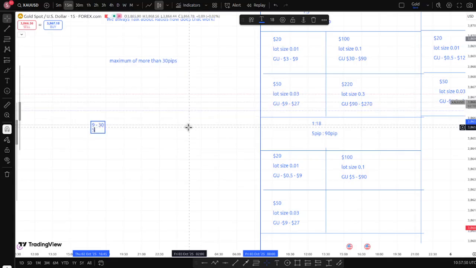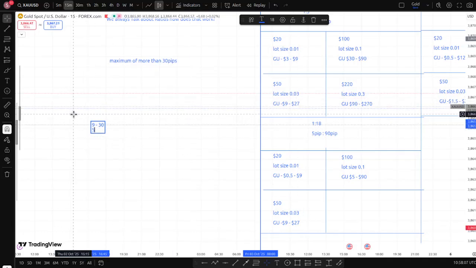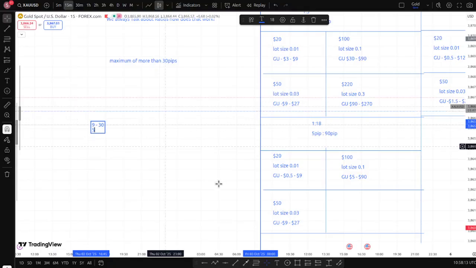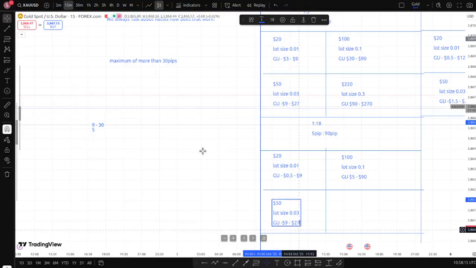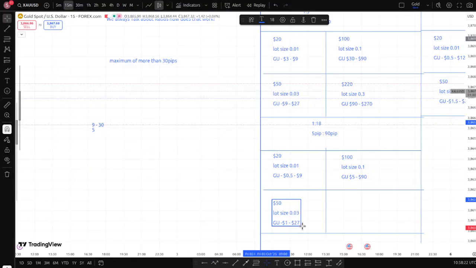So tutachukua 5 times 9, hiyo ni 45, then we divide that by 30, tunapata $1. Una risk $1 ku get $27.